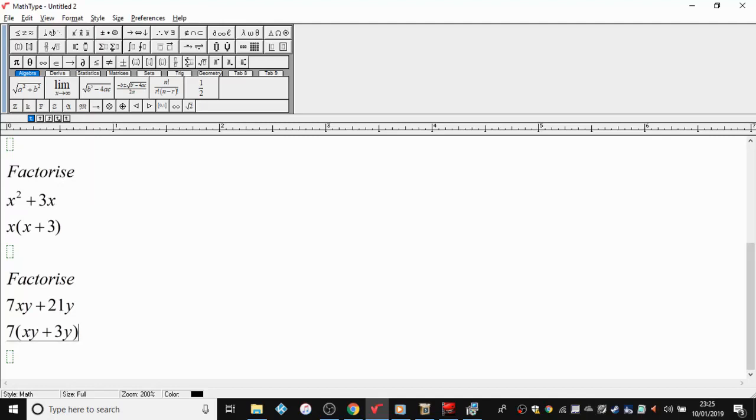Therefore, that y can also come out of the brackets along with the 7. Therefore, 7xy plus 21y factorised is 7y bracket x plus 3 close bracket.